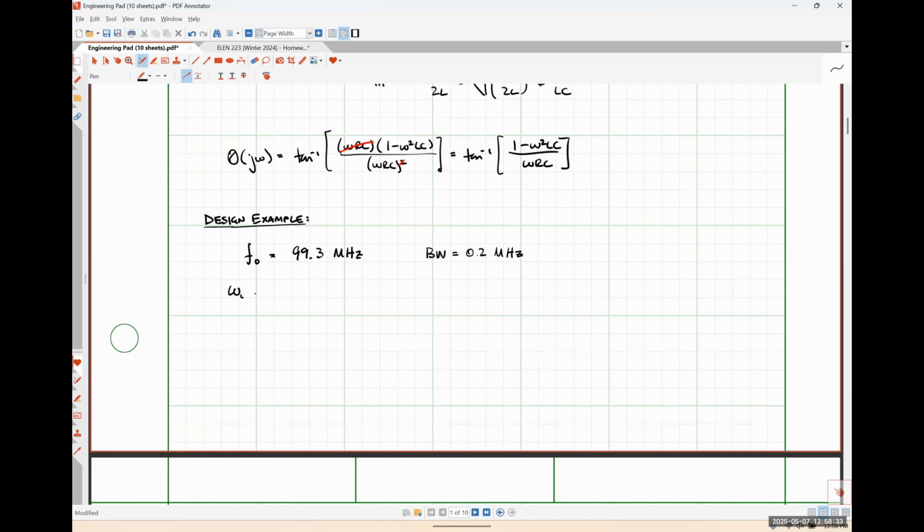So omega naught would just be 2 pi times f naught, which if I throw that into my calculator, 2 pi times 99.3 times 10 to the 6th hertz is going to come out to be 623,920,301 radians per second.